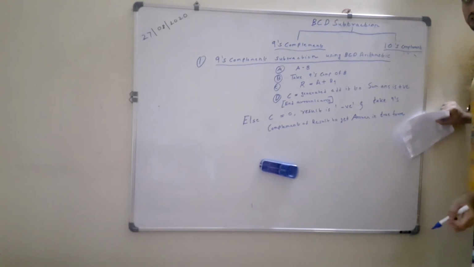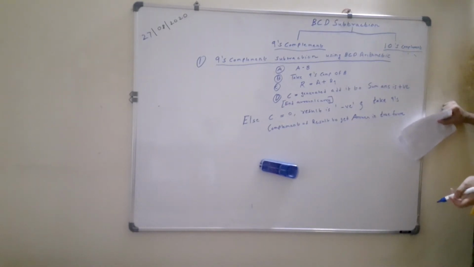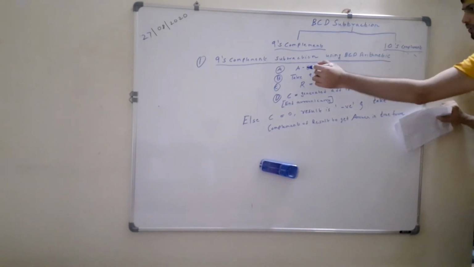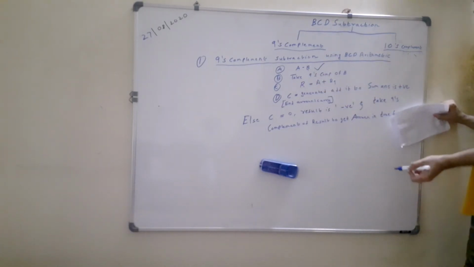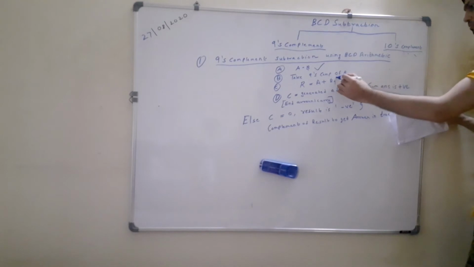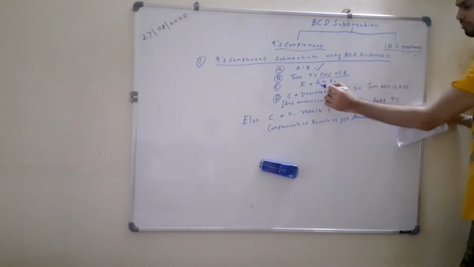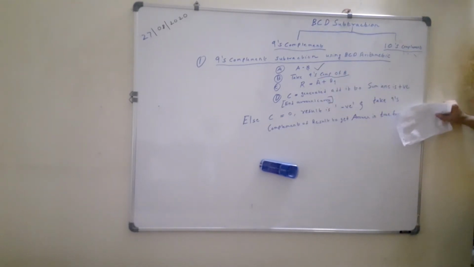First we will study BCD subtraction using the 9's complement method. If I want to subtract two BCD numbers using the 9's complement method, these are the steps we are going to follow. Suppose we are given two numbers A and B and we want to compute A minus B. Take the 9's complement of B. As you know, in any complement arithmetic, the subtraction problem is converted into an addition problem.